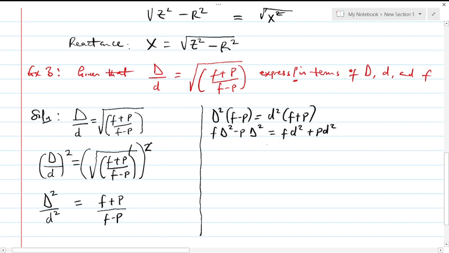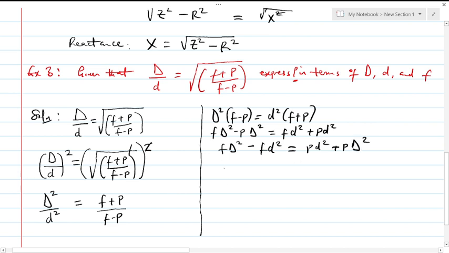Then I rearrange it so we have p on one side. So we have f D square minus f d square equals p d square plus p D square.